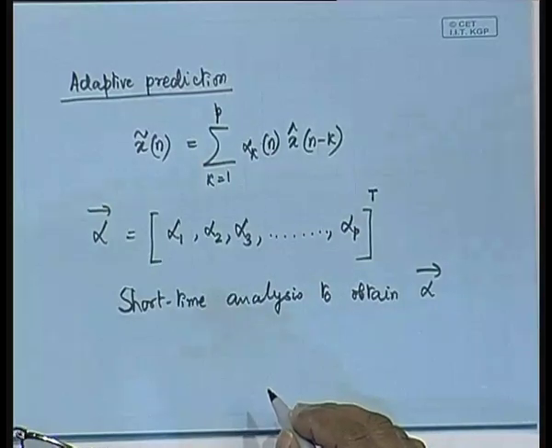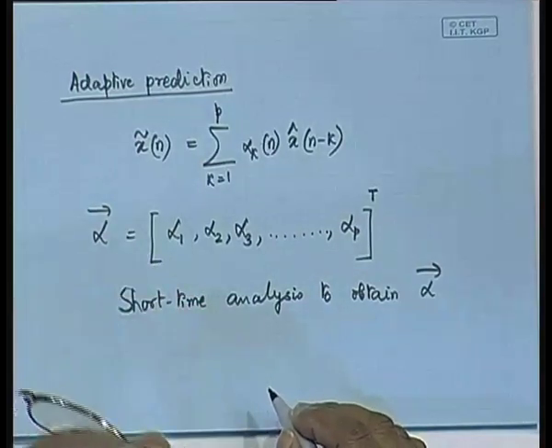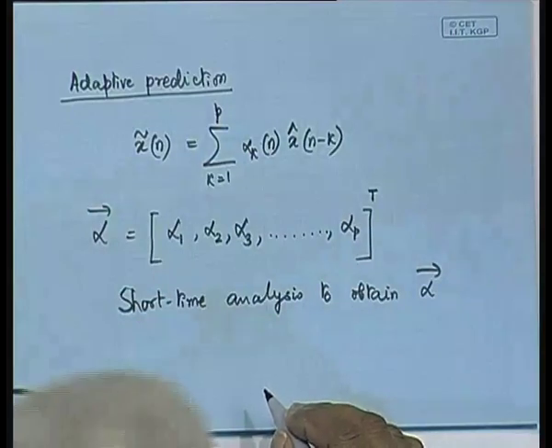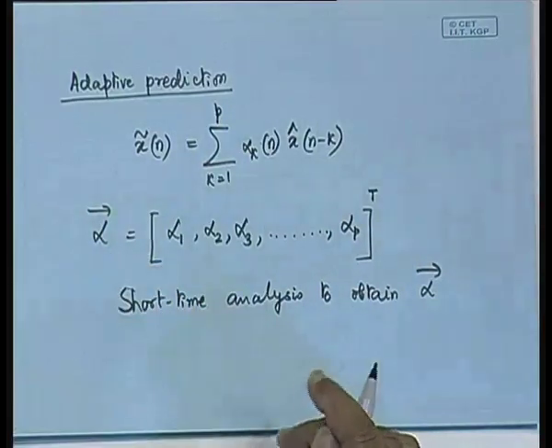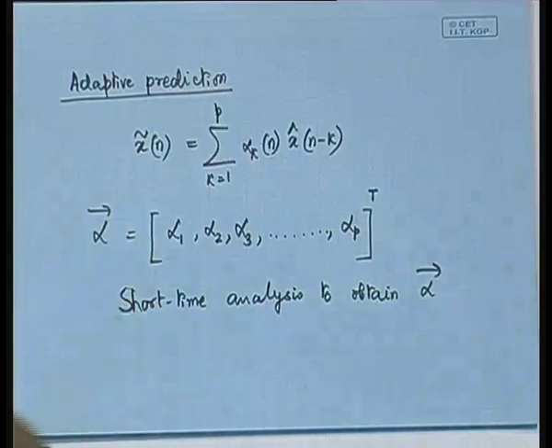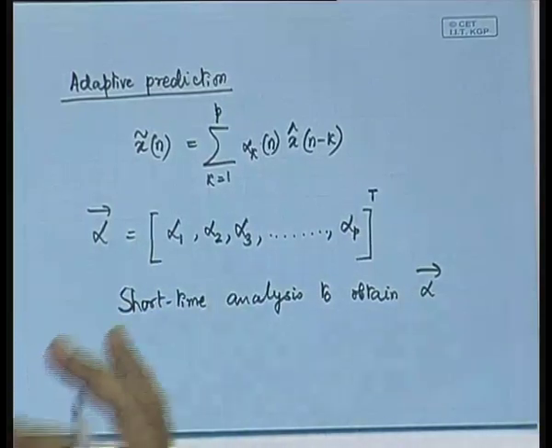But because it is quasi stationary, we have to do short time analysis, so that within that short time the property of the speech signal does not vary, and only then we will be able to choose this alpha vector so that one can obtain the optimal values of this adaptive prediction.